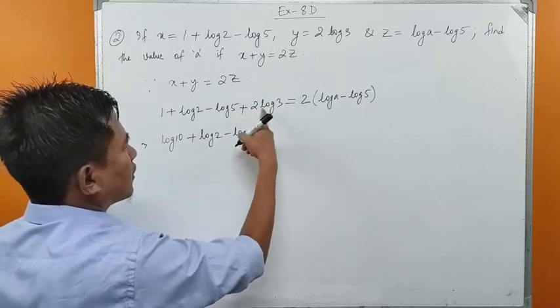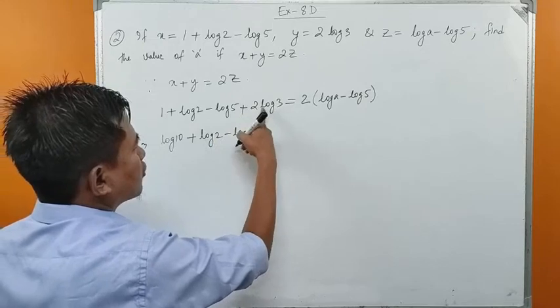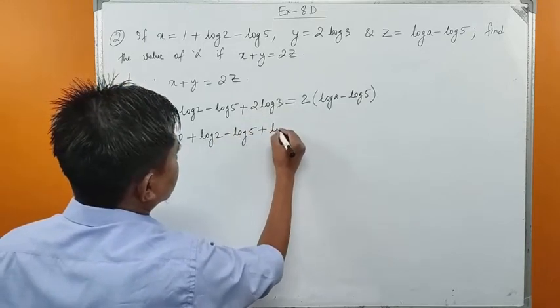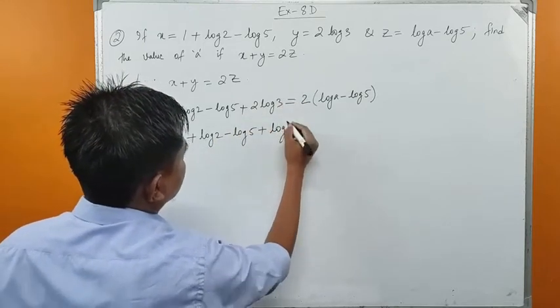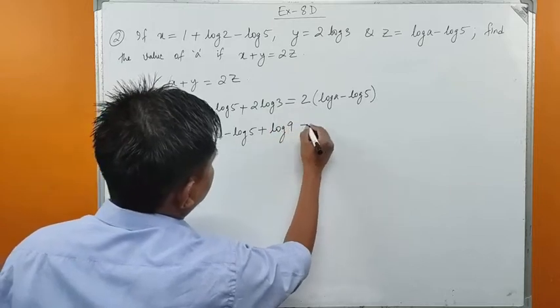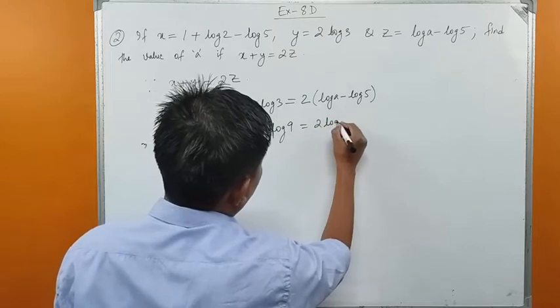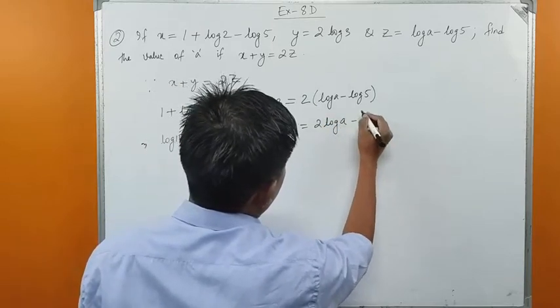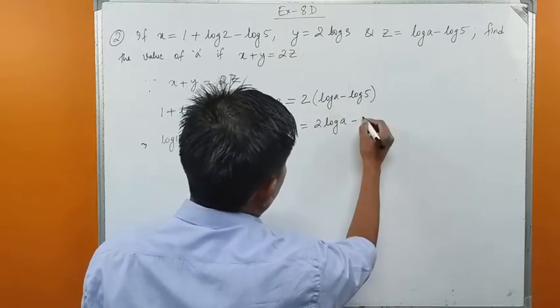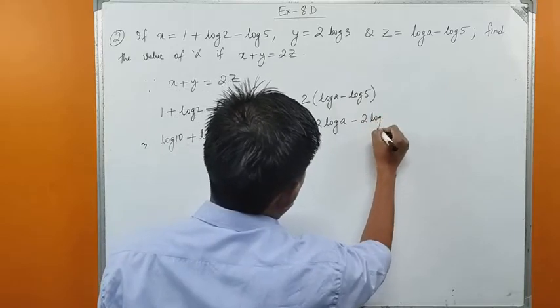This 2 goes to the power. So log 3 squared means log 9, equals 2 log a minus 2 log 5.